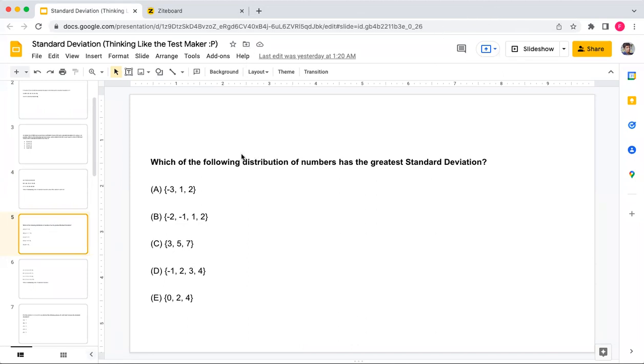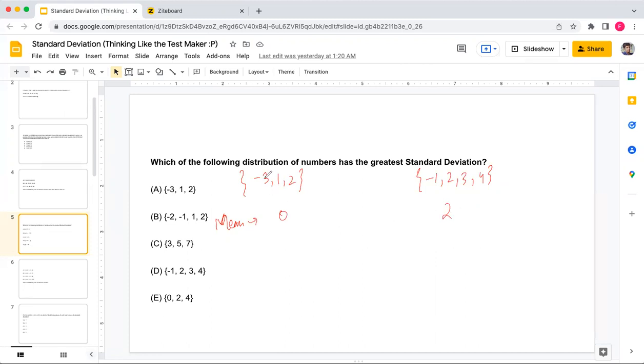Whenever you see such a question, there is always a pattern. If you take -3, 1, 2, and this is -1, 2, 3, and 4. So what is the mean in the first question? The first mean is 0. And here the mean is how much? The mean is 2.